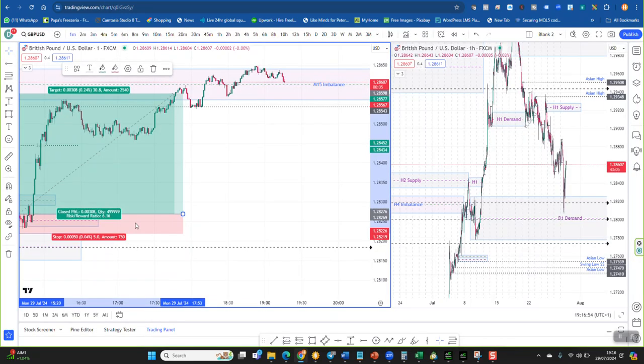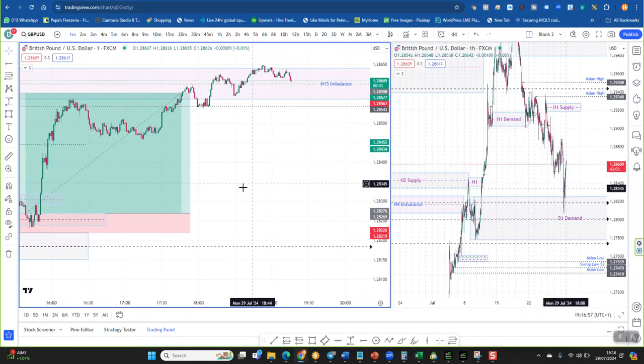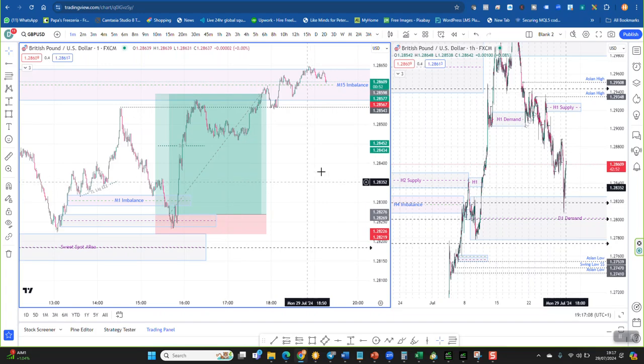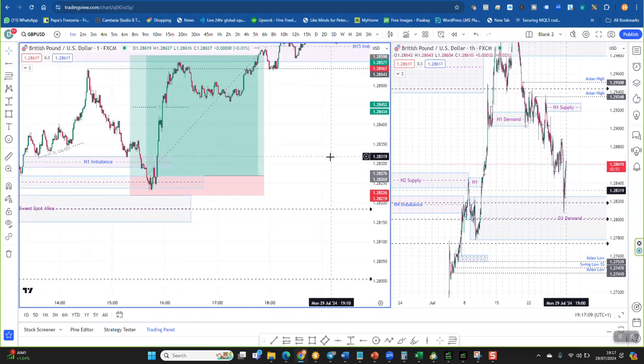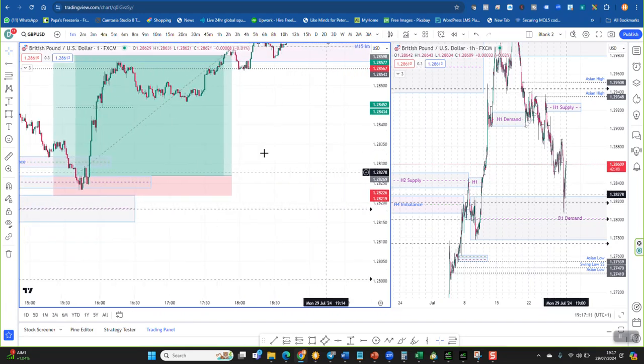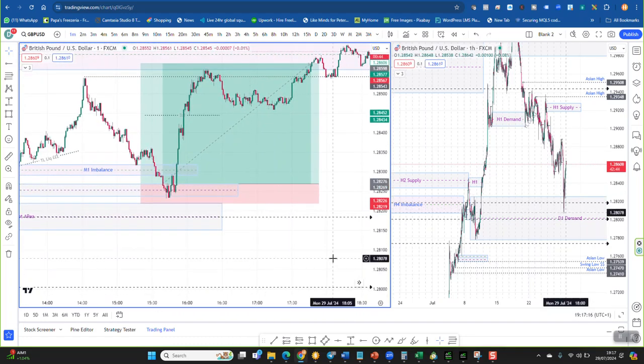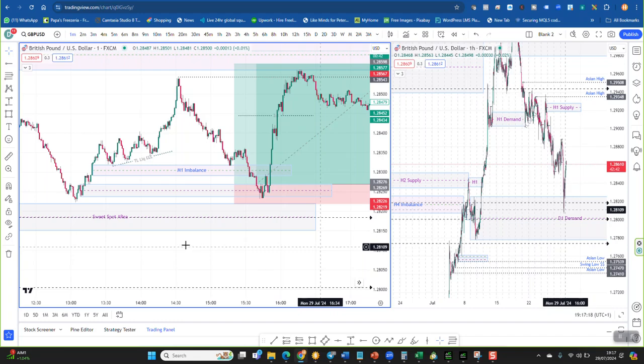Actually, check this out. Let's go to the actual thing, what's happening. I can move my chart. So you can see I had marked out a sweet spot area.